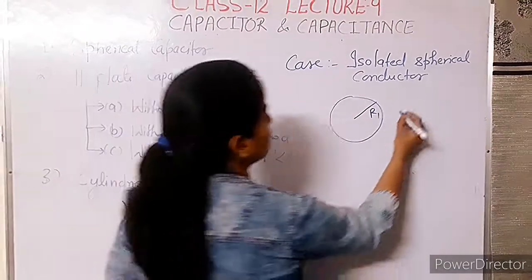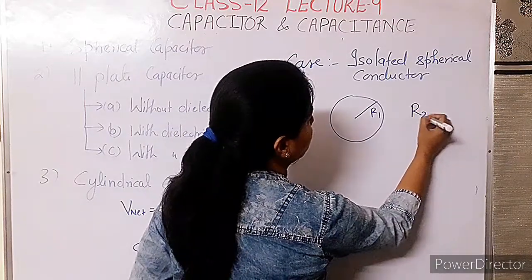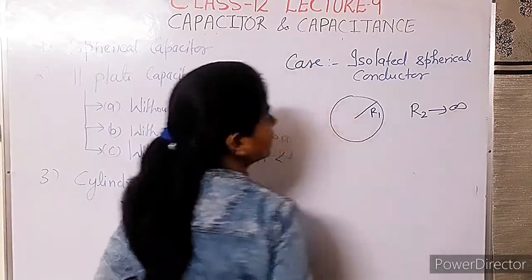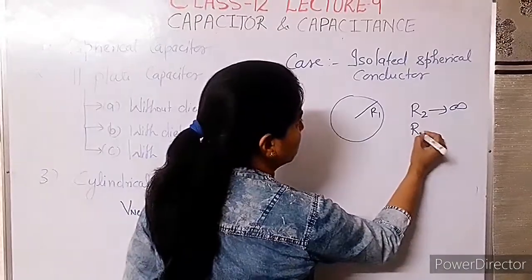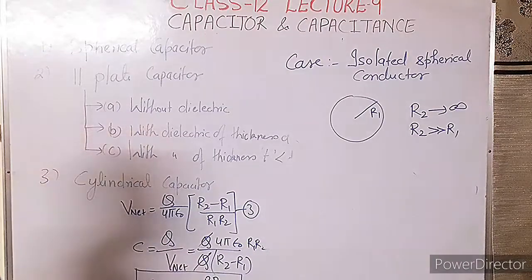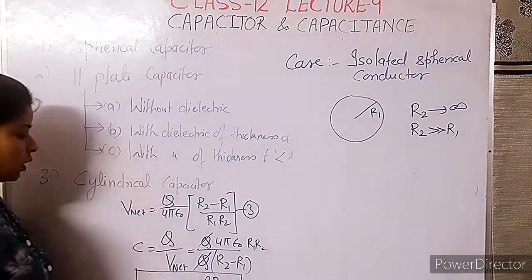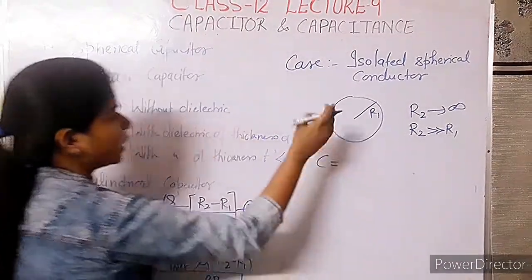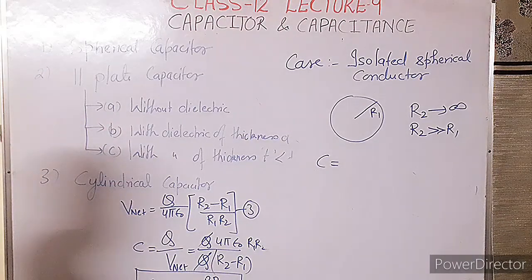So what does it mean? It means the outer conductor is so large that R2 tends to infinity. That means from this result we can write R2 is very much greater than R1. That is the only condition. So look at this formula. We need to apply this condition here, then we get the capacitance for an isolated spherical conductor.